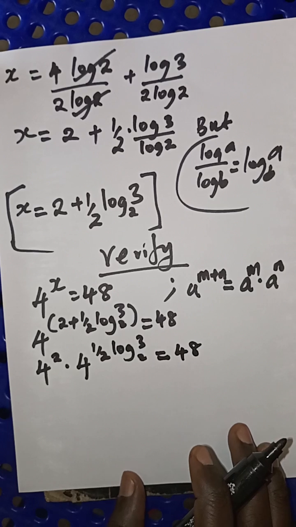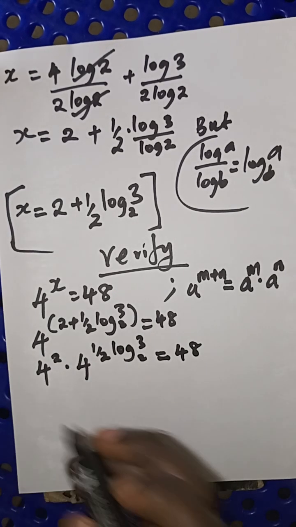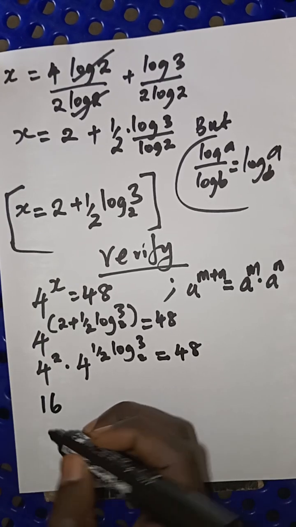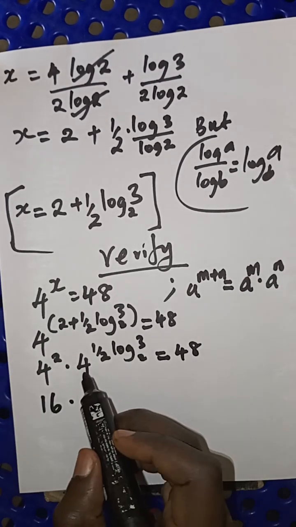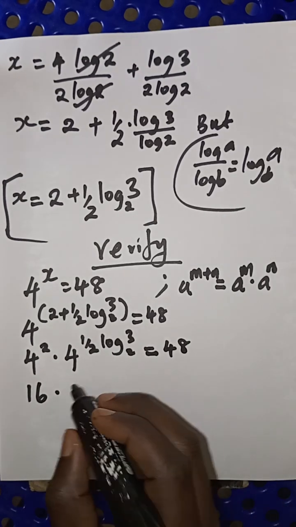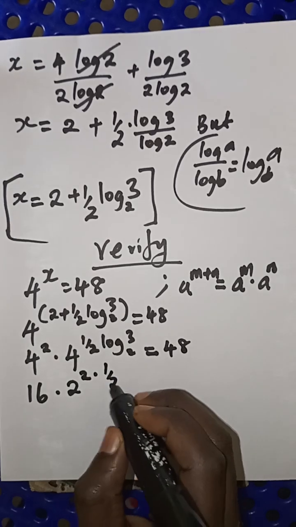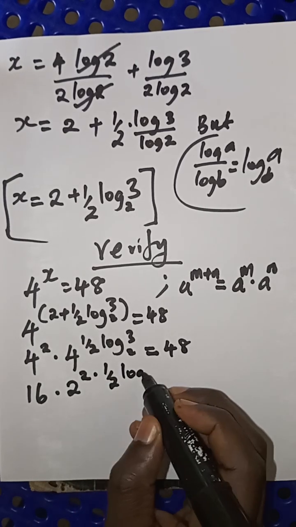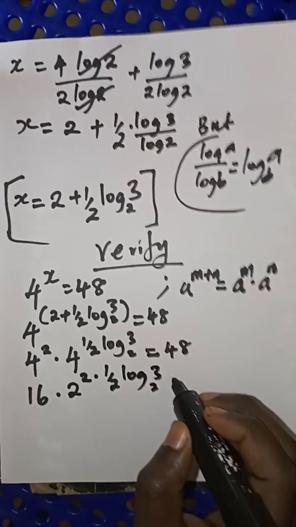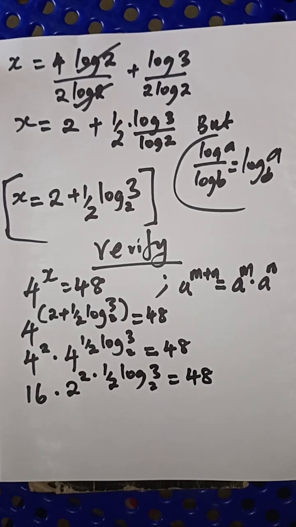The next step, I know that 4 raised to 2 is of course 16, multiplied by this 4. I'm going to write it as 2 to the power 2, then multiply by power half times the log of 3 base 2. Want to see if it's going to give us 48.